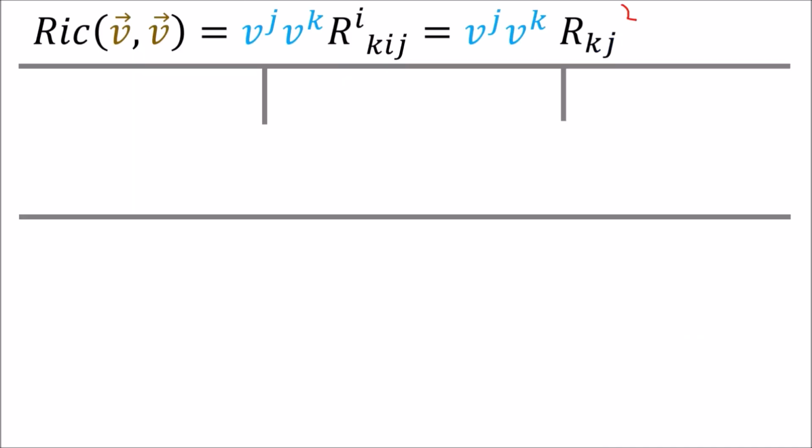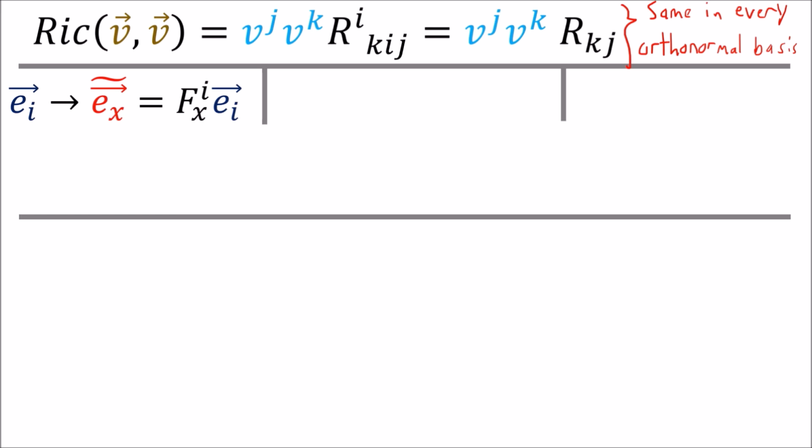It's also important to note that the value of the Ricci curvature for a given vector is always the same and doesn't depend on the orthonormal basis that we choose. If we change to a new orthonormal basis using the forward matrix F, the resulting vector components of the vector v will transform using the backward matrix B, which is the inverse of F. This is because vector components are contravariant and transform in the opposite way that basis vectors do.